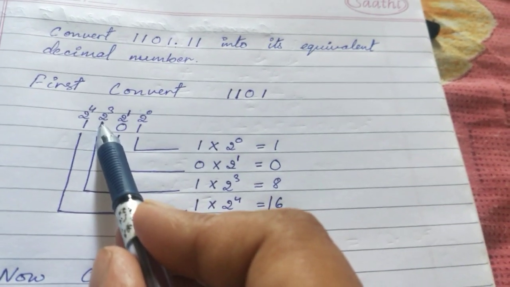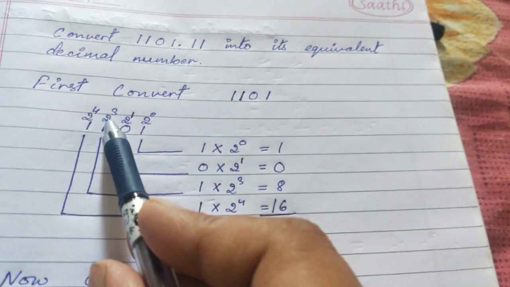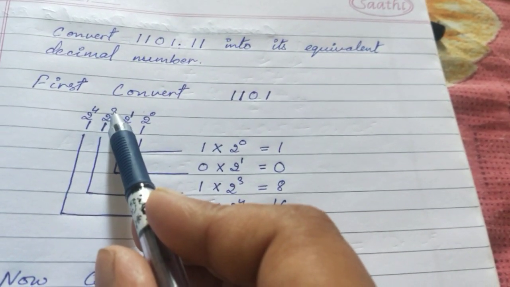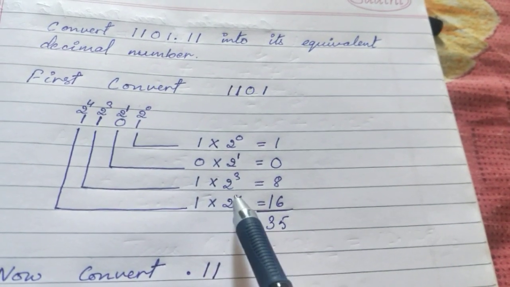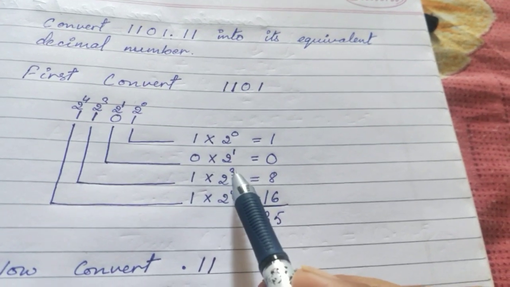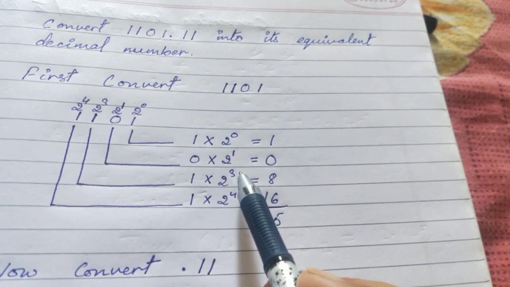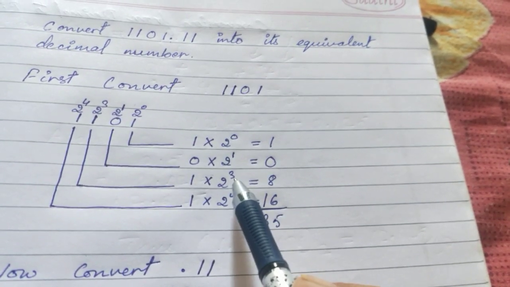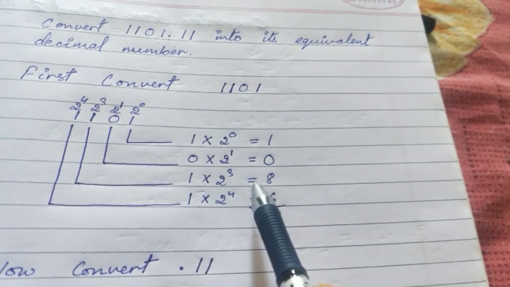Now here you have got 1, and above it 2 to the power 2, so 1 into 2 to the power 2. What is 2 to the power 2? 2 into 2 is 4. 4 into 1 will be equal to 4.